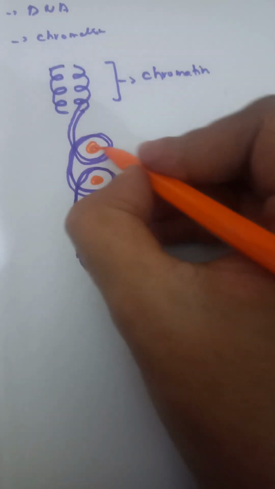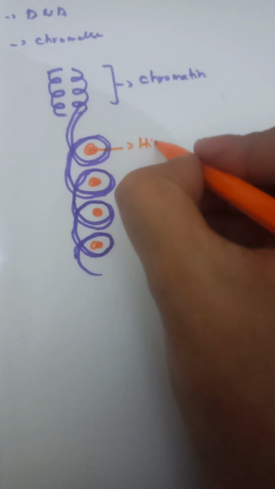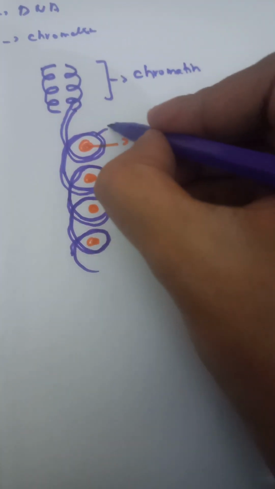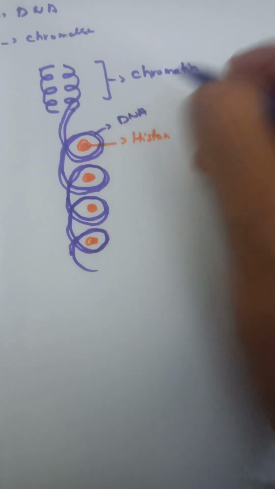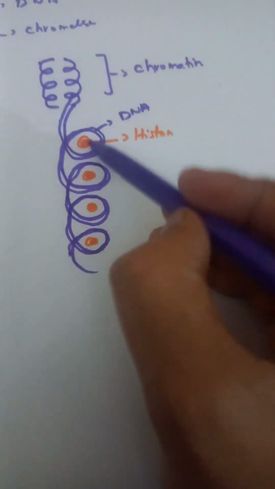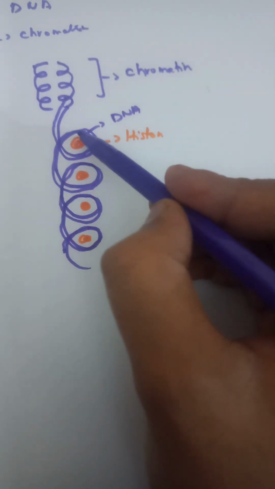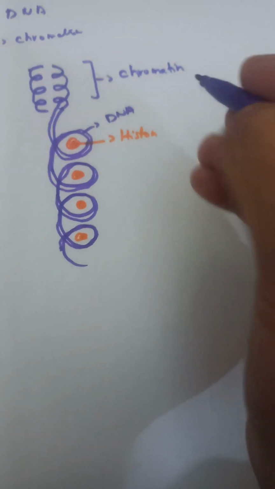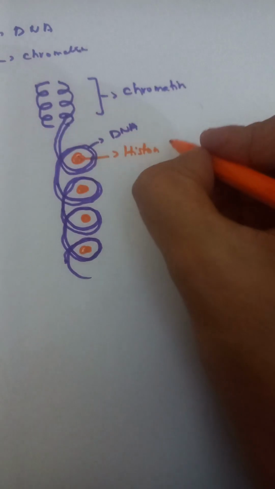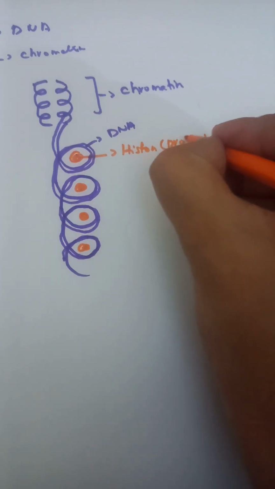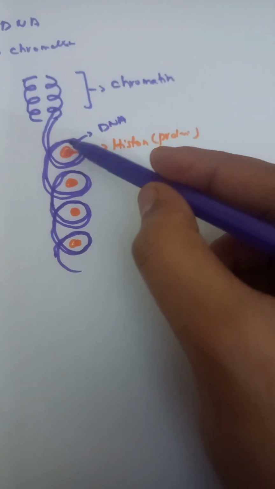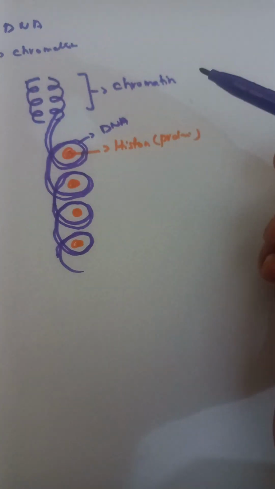Okay, what is this? Histone. What is this? DNA. Okay, so what is happening here? This is a histone octamer. DNA loops twice around this histone octamer. What is this histone? It is a protein. Okay, so DNA has looped twice around this histone octamer to form what?